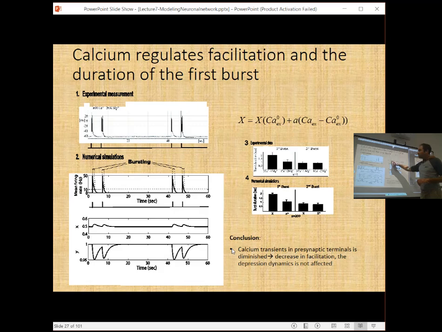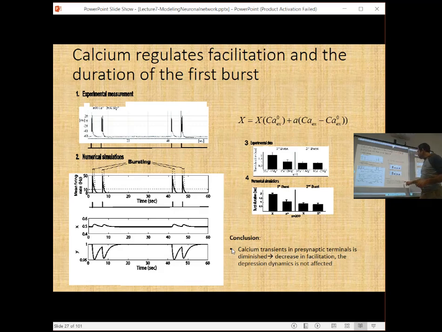It changed the level of calcium, so now if you look at the facilitation and depression, you have this facilitation, but the depression here was much faster. So if you don't have this facilitation that is continuing, the second peak will be almost the same as the first peak.